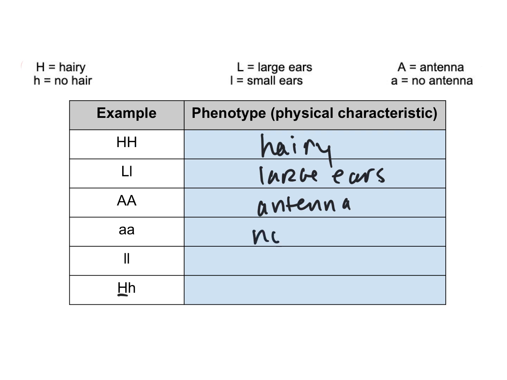Lowercase a would be no antenna. Lowercase l would be small ears. Again, there's no dominant there, so we're the recessive phenotype. And then big H, little h would also be hairy, again, because you only need one capital letter to be dominant.